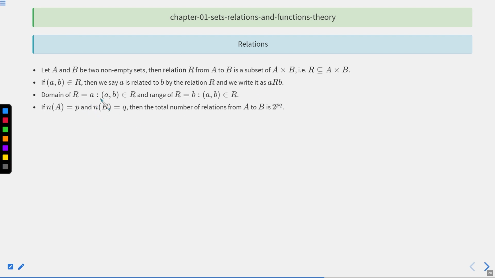Domain of R is equal to the set of a such that (a, b) belongs to R. And range of R is equal to the set of b such that (a, b) belongs to R. So first elements form the domain and second elements form the range.